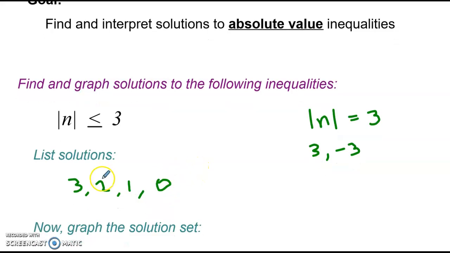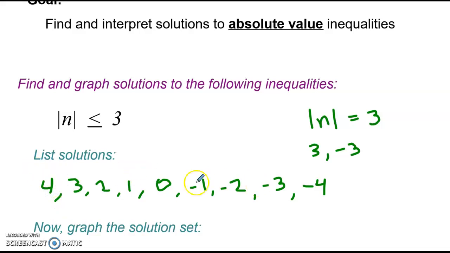All of those numbers are less than or equal to positive 3. Now, I can also plug in negative 1, negative 2, and negative 3, because the absolute value of negative 3 is positive 3, which is still equal to 3. Where it stops, though, is I can't say negative 4 or positive 4, for that matter.